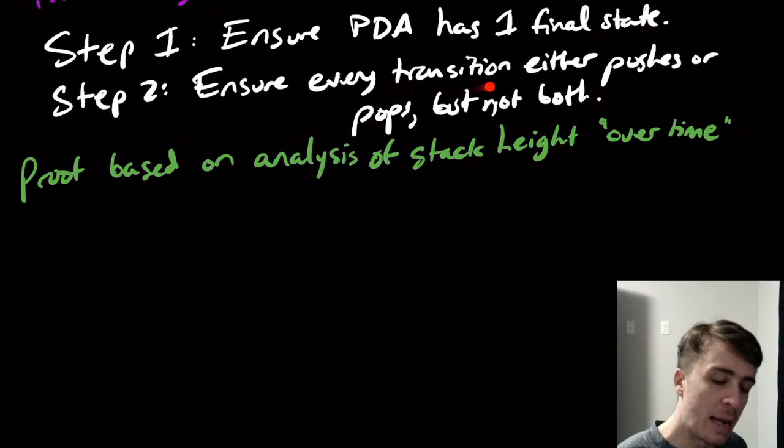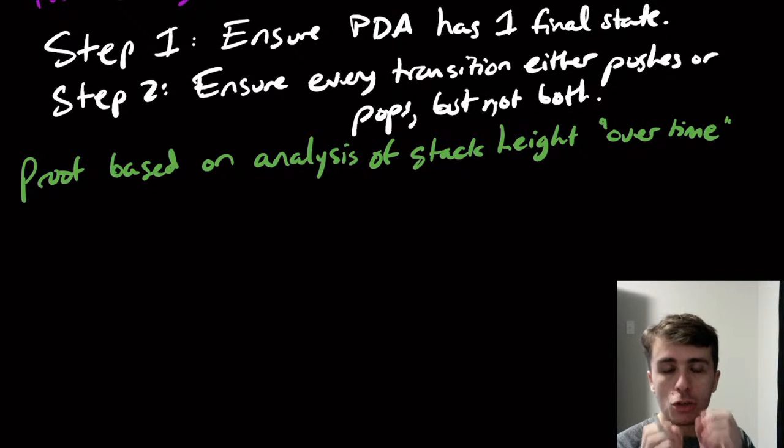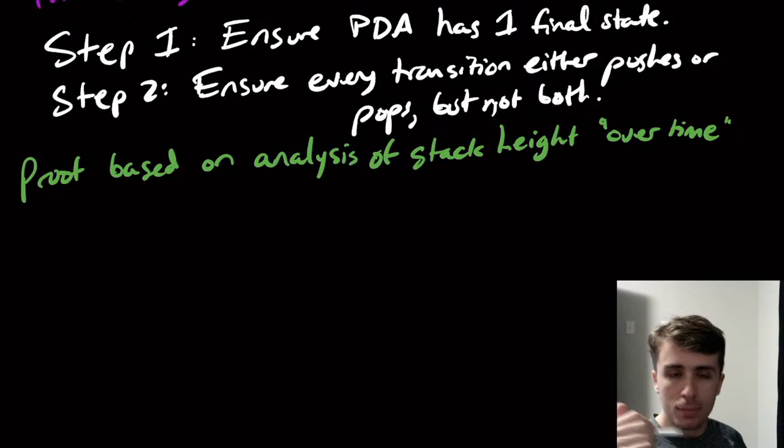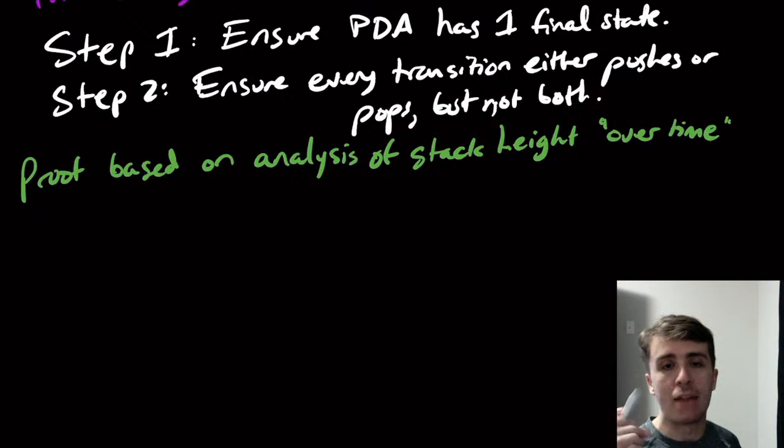If you think about it, every transition changes the stack in some non-trivial way. Because you must do one of the 2 operations at every point, you either push something or you pop something, but you can't do both. So the stack height actually changes by 1 on every single transition.